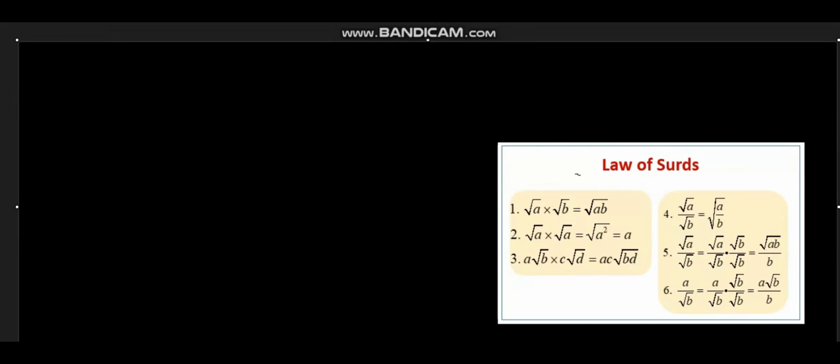With numbers, this would look like this: square root 5 by square root 10 would be equal to square root of 5 by 10, which is root 50.